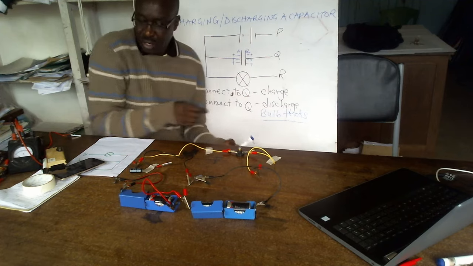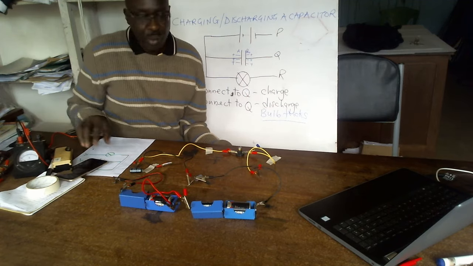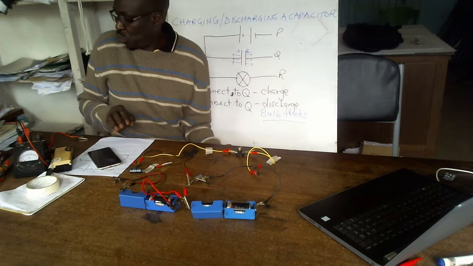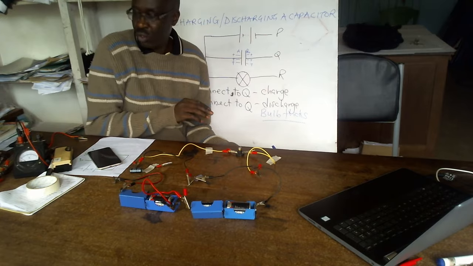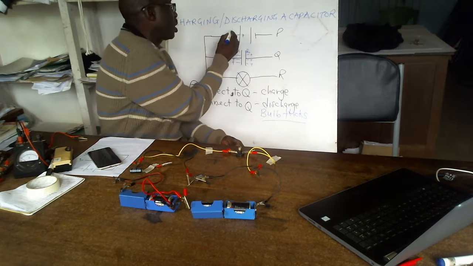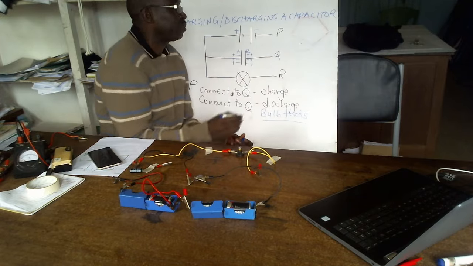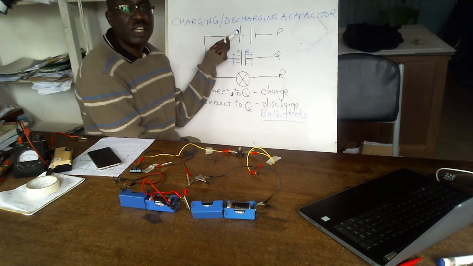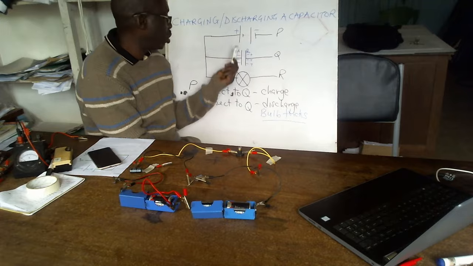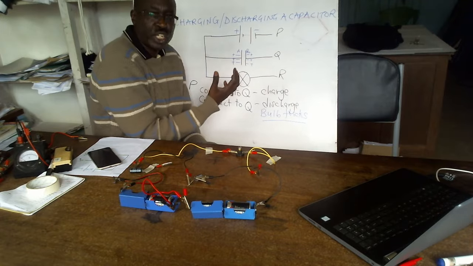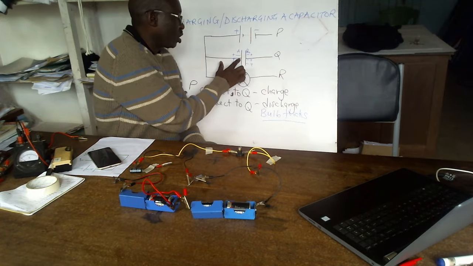So the positive potential of the source will draw the electrons.